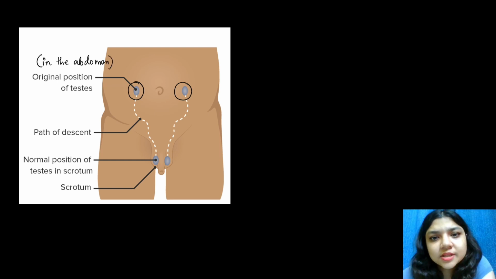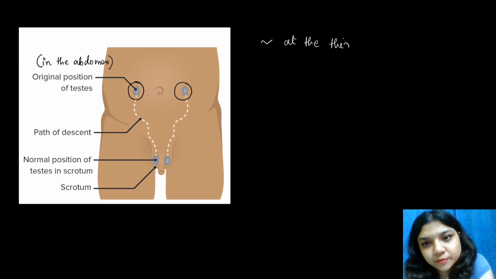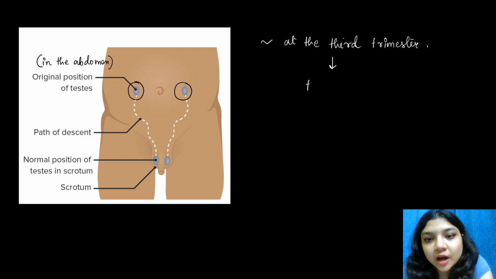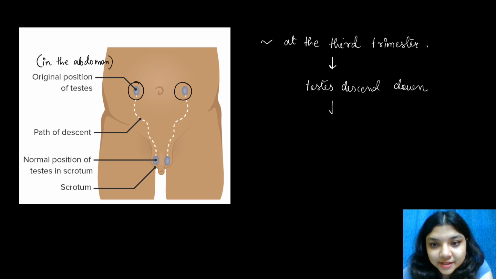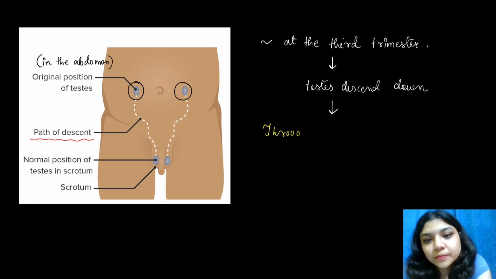But what happens is that approximately during the third trimester, the testis descend down, right? When the testis descend down, what is the specific path? Here you see it's written path of descent. They descend through a special canal that we call the inguinal canal.